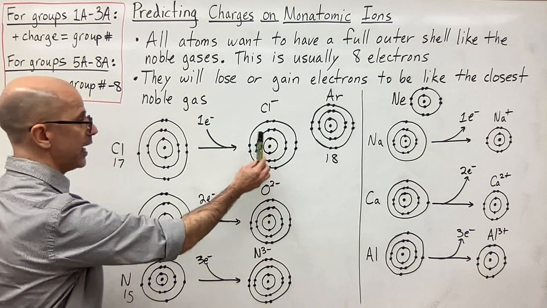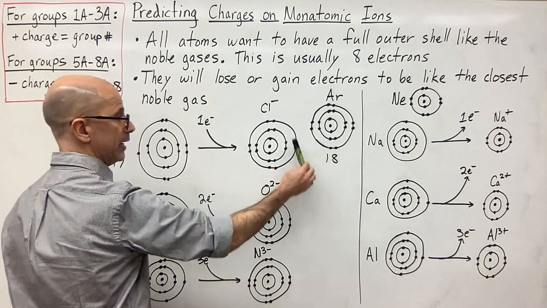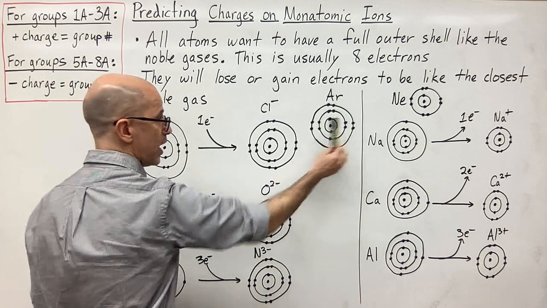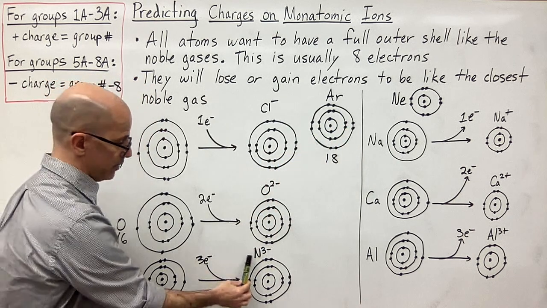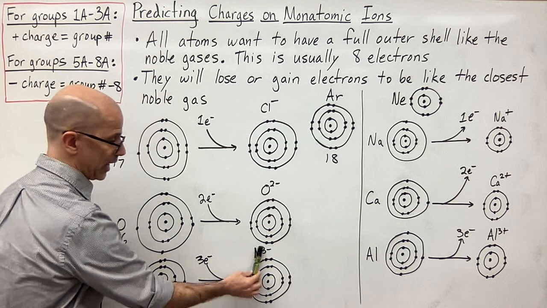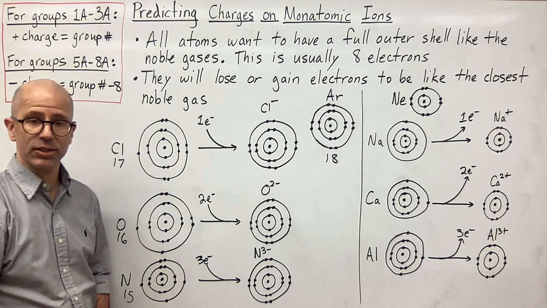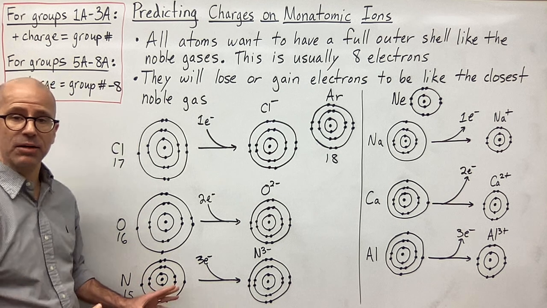So notice that all 3 of these look like argon in their electron configuration, and the way that the electrons are organized looks just like argon, except nitrogen now has a -3 charge because it gained 3 negative electrons. So that's how you can predict nonmetals.